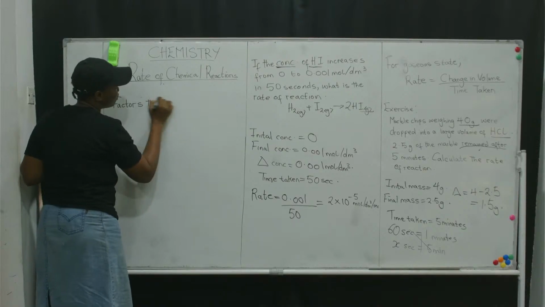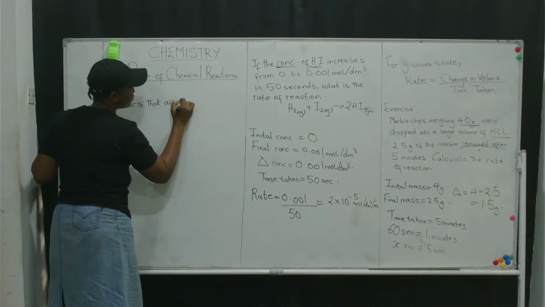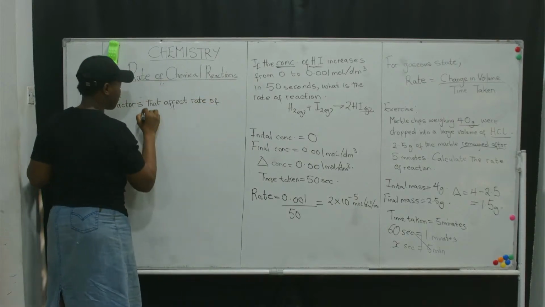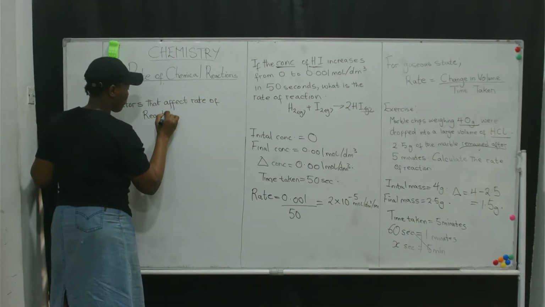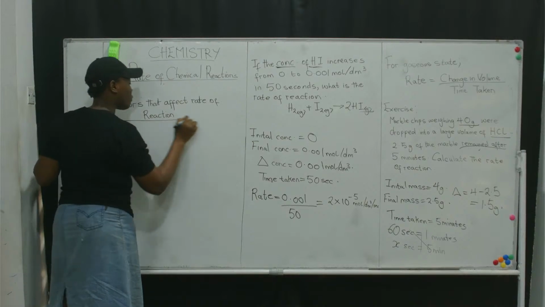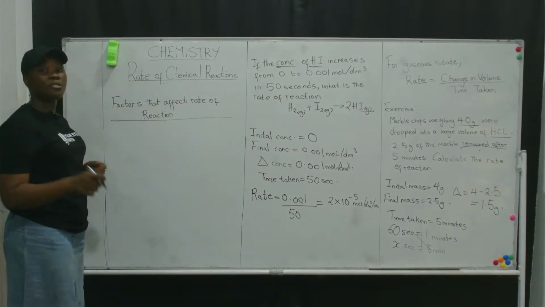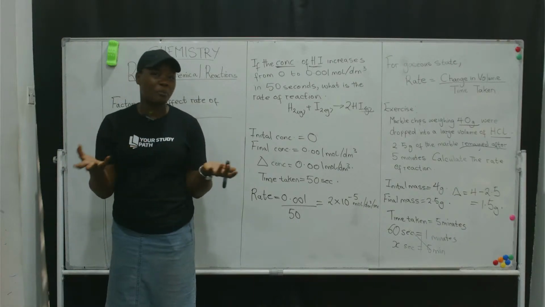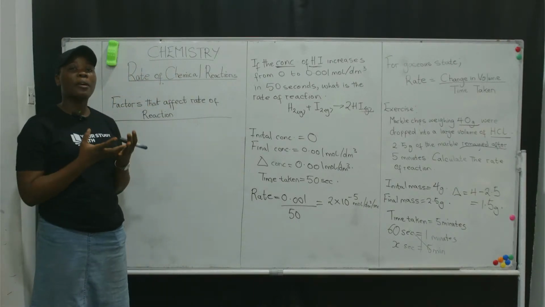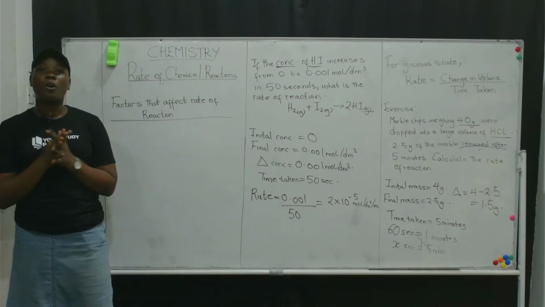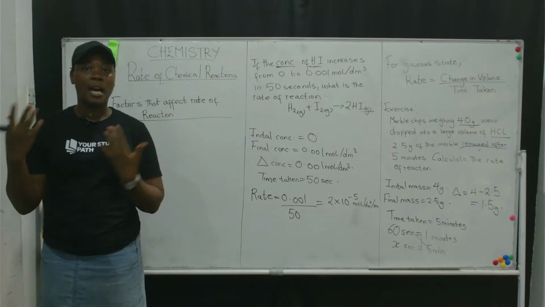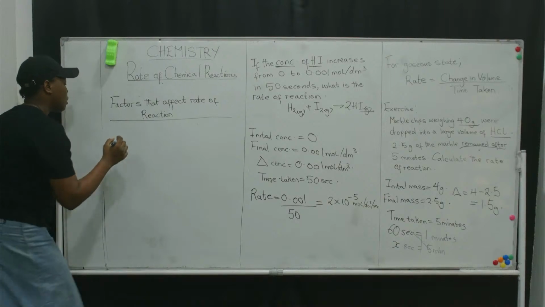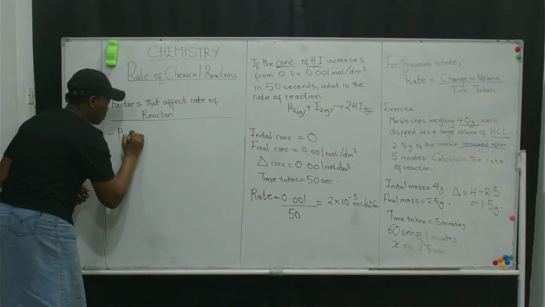Factors that affect rate of reaction. The first one would be temperature, definitely, right? Because I made mention while explaining that some reactions do not occur except heat is applied, and I also said sunlight. So presence of light is one of the factors that affect rate of reaction.